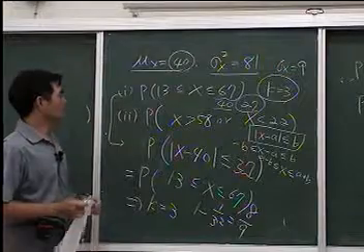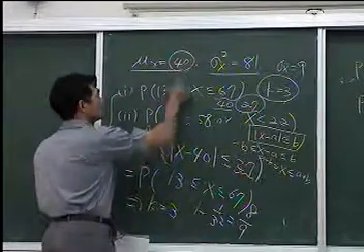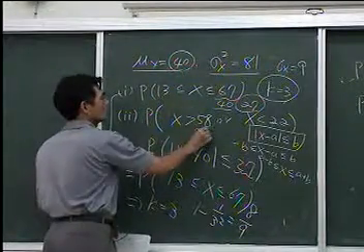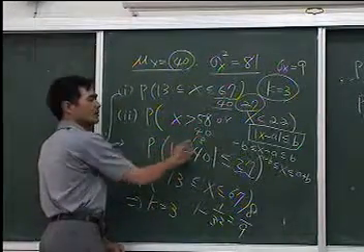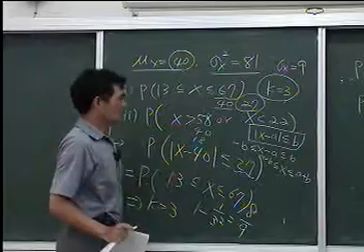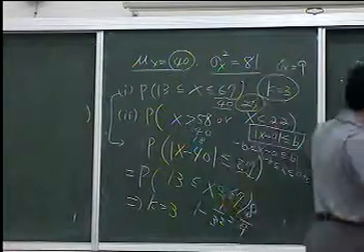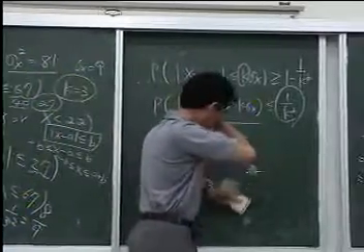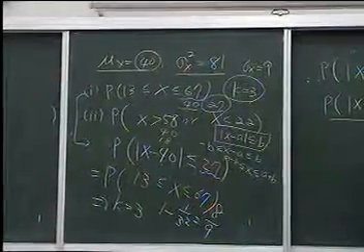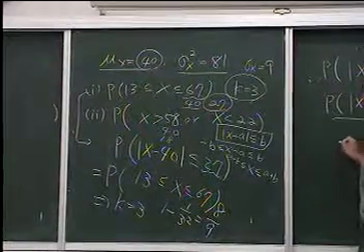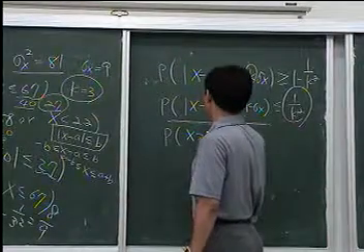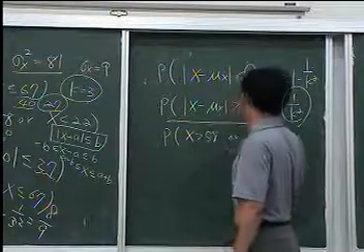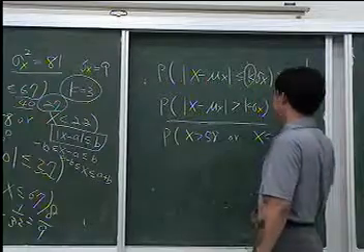Okay, if we do the same thing, okay, the mean here is 40. And 58 minus 40 is equal to 18, right? Okay, so let me put it here. So the second question is P x greater than 58 or x less than 22.